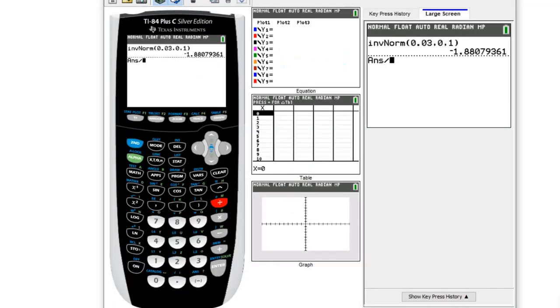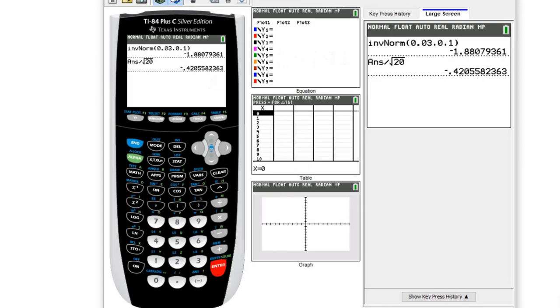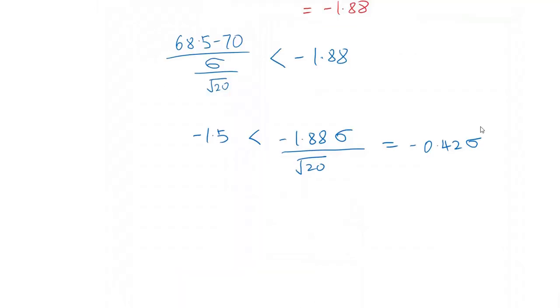It's negative 0.42. So it will be negative 0.42 sigma. Let me check my decimal place again. Maybe I'll include one more decimal place, 0.421.